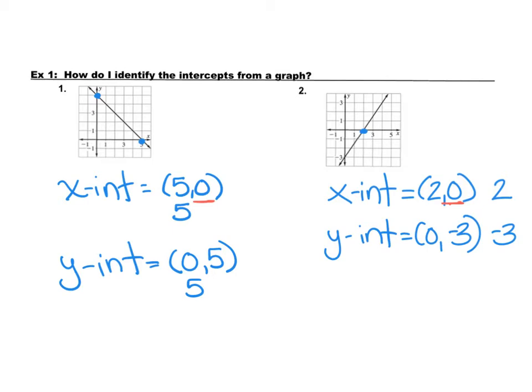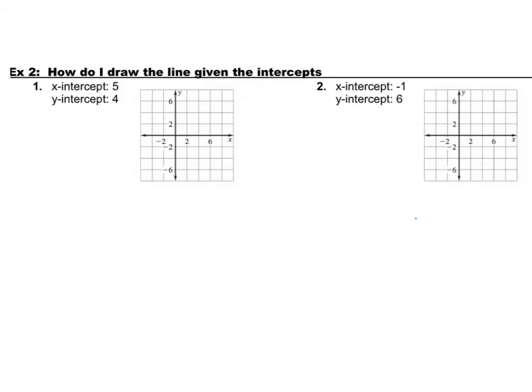Now when we take a look at the y-intercepts, notice that the x's in both of these are 0 because they're crossing the y-axis. The x's are always going to be 0, and this is going to be important as we talk about graphing them.